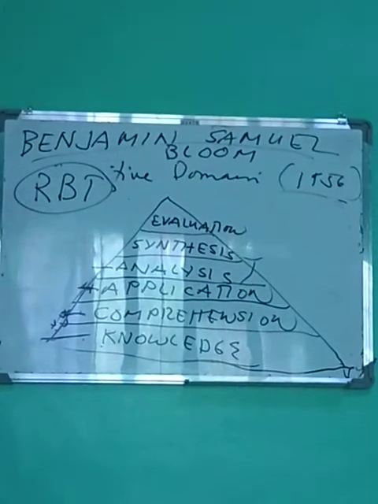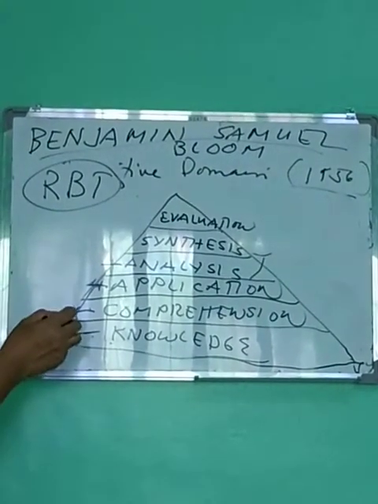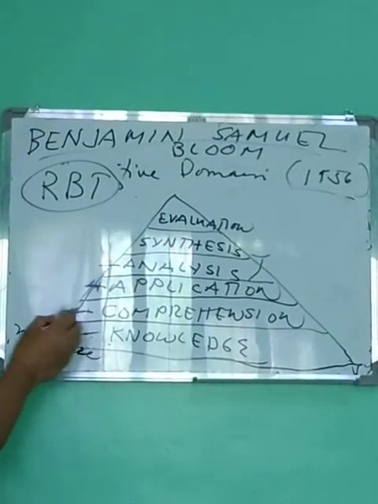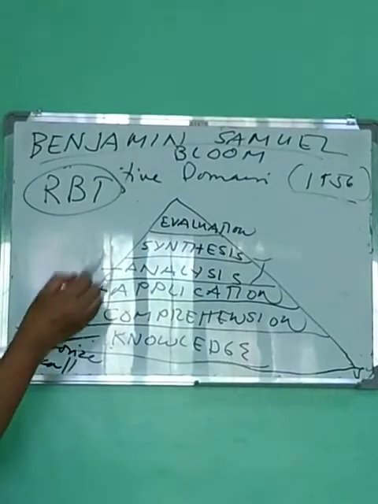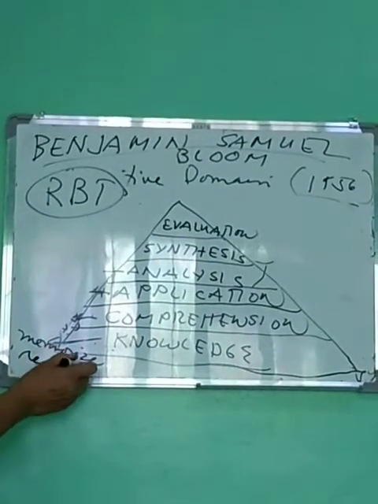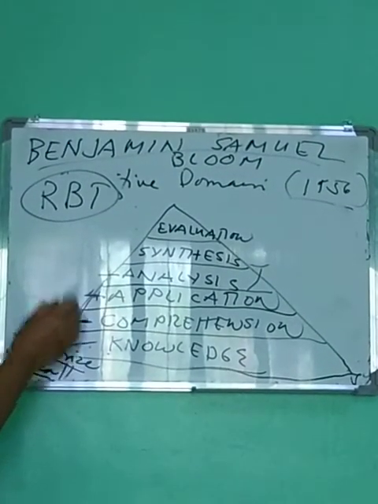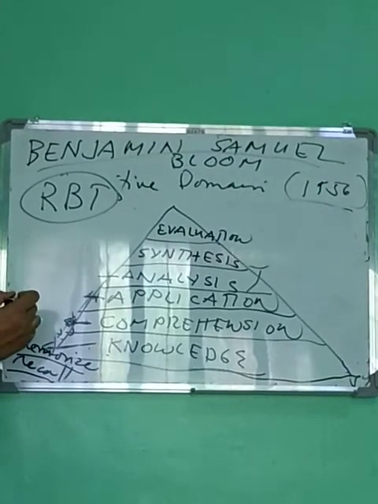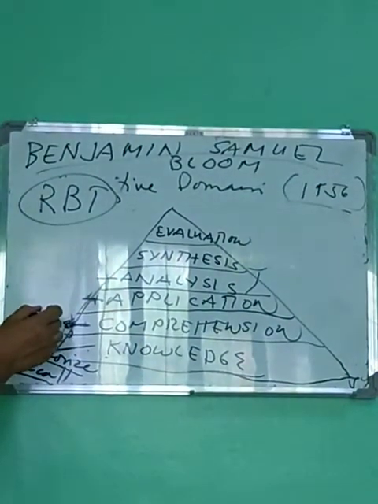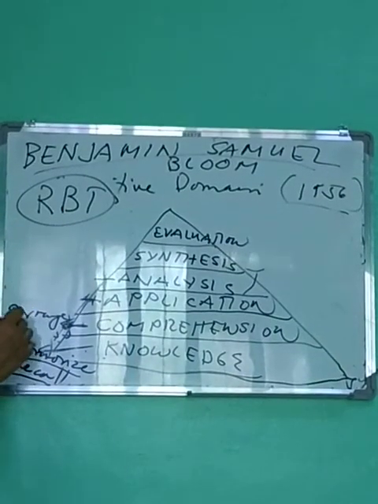Of course, knowledge or information would be remembering, right? If you remember, you need to memorize and then recall all the information that were taught to you. This one will involve memorization and then recall. Comprehension now would require that the information and the knowledge that were imparted to you will now be arranged orderly, with order.